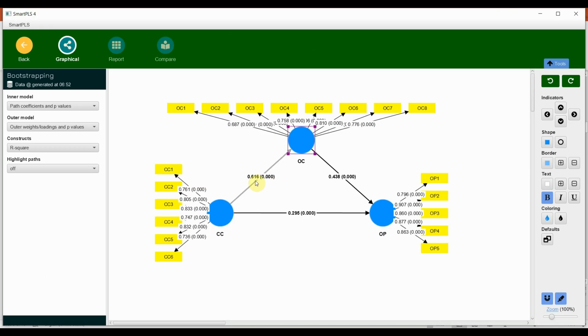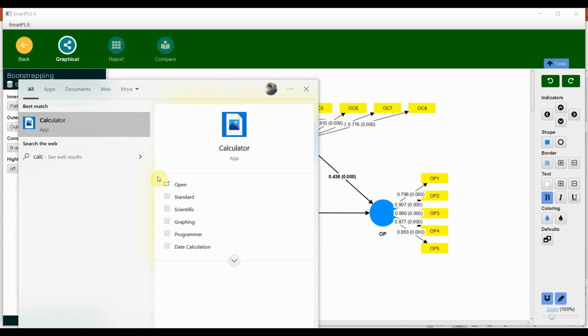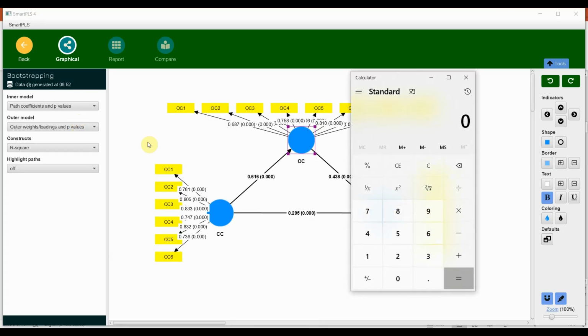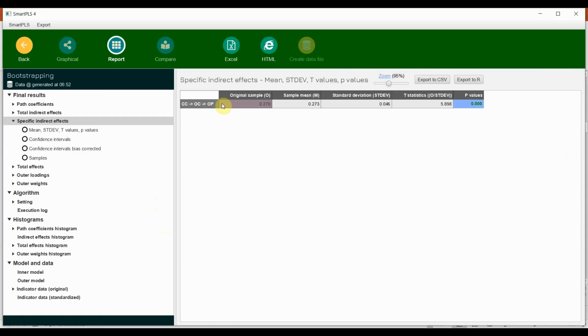If you multiply 0.616 by 0.438. So 0.616 multiplied by 0.438 is equal to 0.2698. When rounded off, it is 0.270.